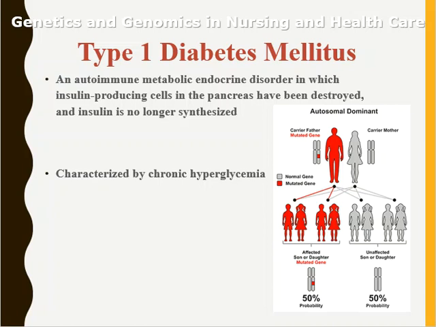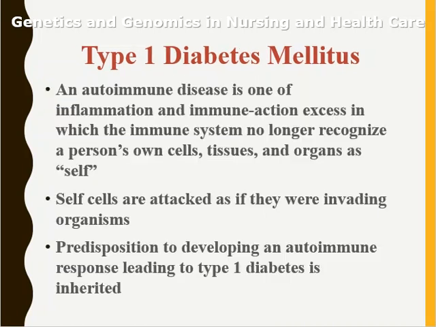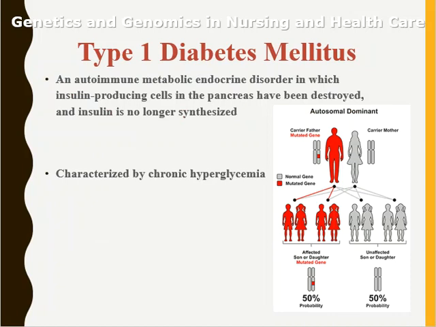Over here is an offspring potential of a parent, a carrier father with a mutated gene, and then the carrier mother, resulting in a 50-50 chance in the offspring of having the mutated gene.